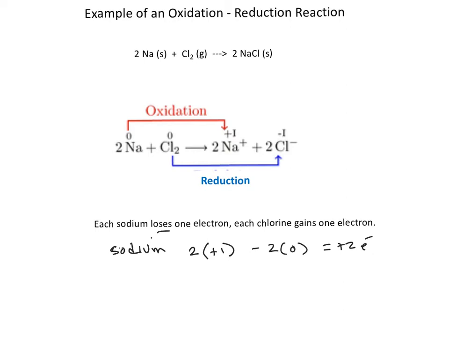For chlorine, start with products minus reactants again, so you take 2 times minus 1 for chloride, and then for the reactant, it'll be 2 times 0. So this ends up being negative 2 electrons, and that's associated with the chlorine gaining an electron. So you find that the number of electrons lost by sodium equals the number of electrons gained by chlorine. And that is the nature of the oxidation reduction reaction.